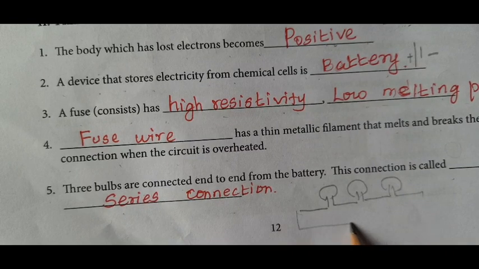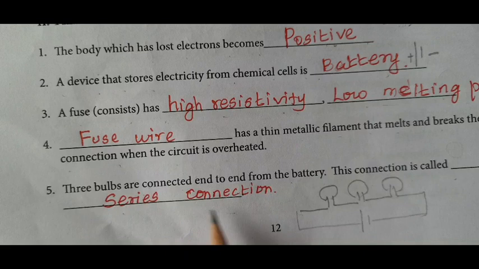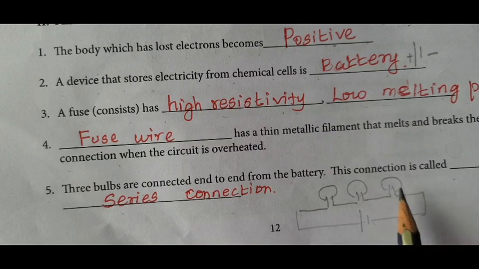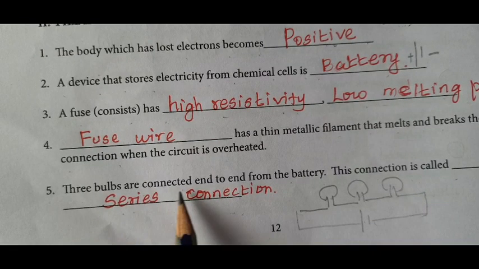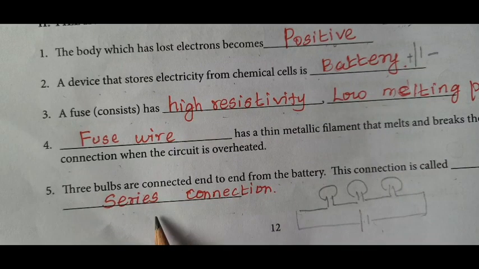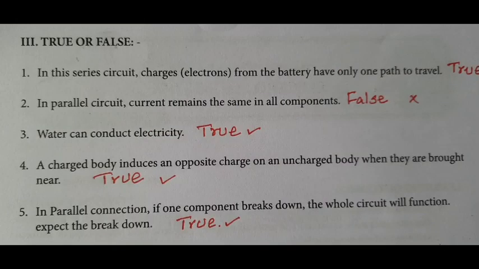Both ends are connected to a battery. So end to end connection, this end and this end, that connection is called a series connection. 3 bulbs are connected end to end from the battery. This connection, which is called series connection, is the answer for the fifth question.